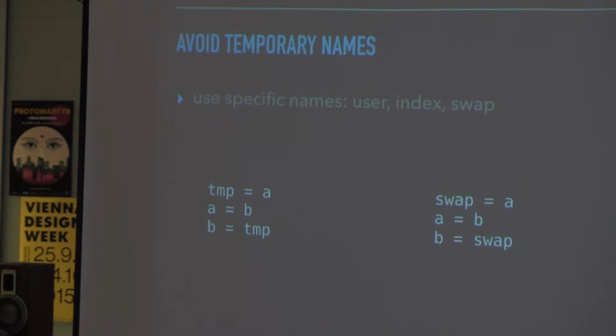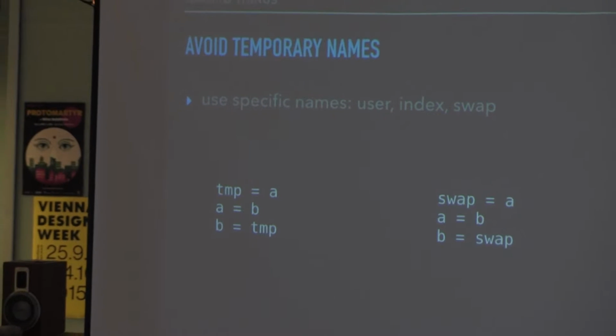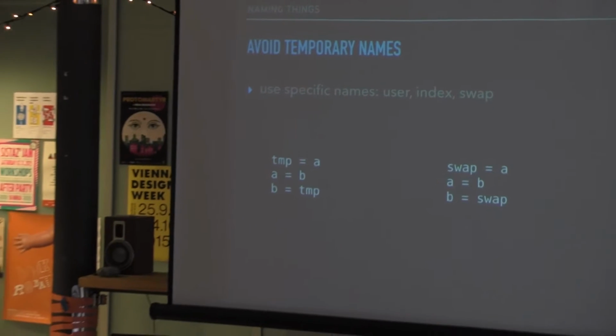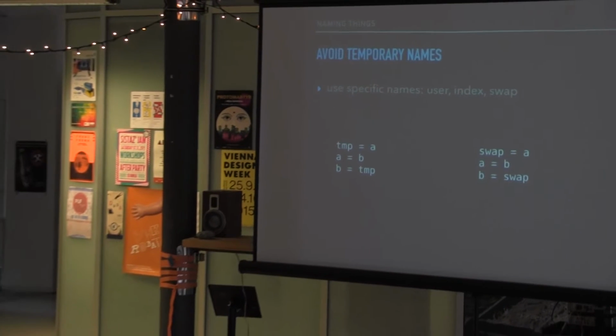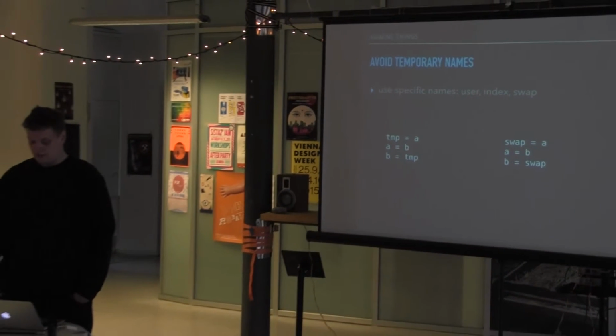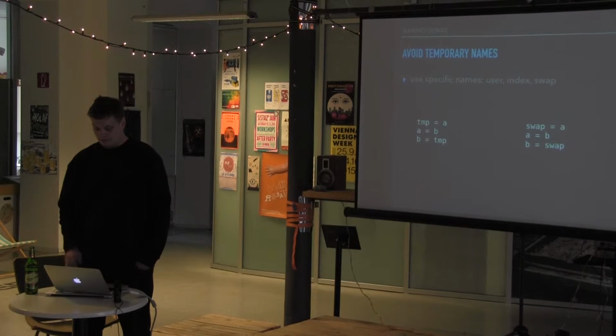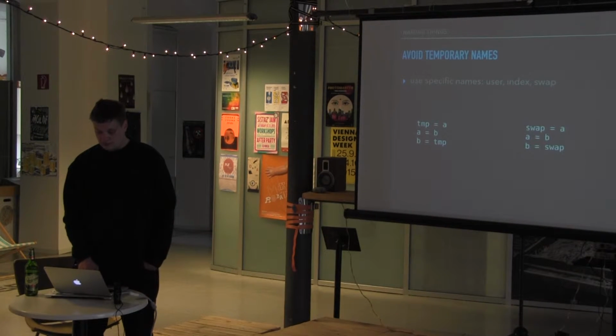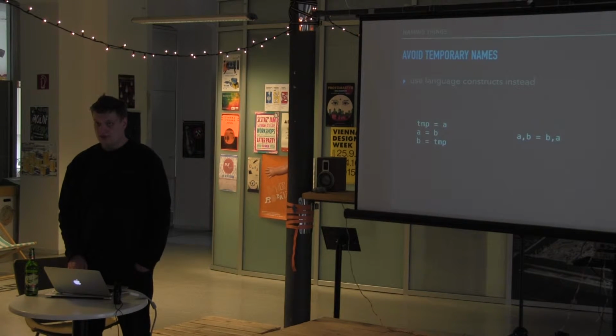But if someone is not familiar with this particular swap, it can be a bit tricky to see what this code does and if it does what it's supposed to. So in this case, you can name it something like swap. You can also use language constructs instead, so you can avoid having to create a temporary variable in any case.